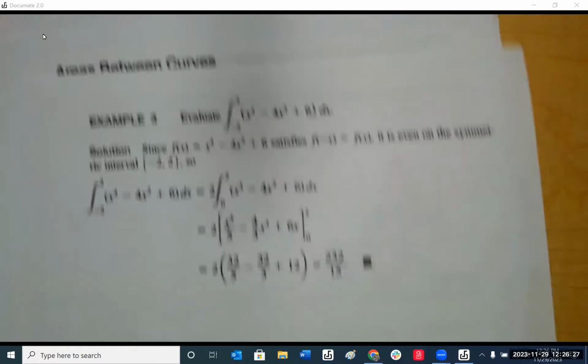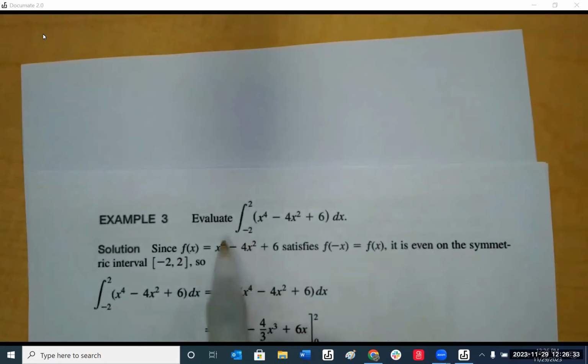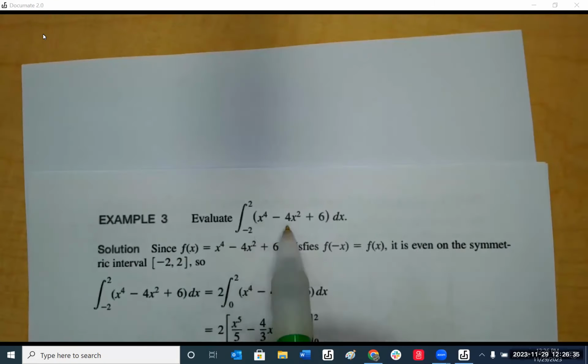All right, let's look at example 3. Evaluate the integral of x to the 4th minus 4x squared plus 6.